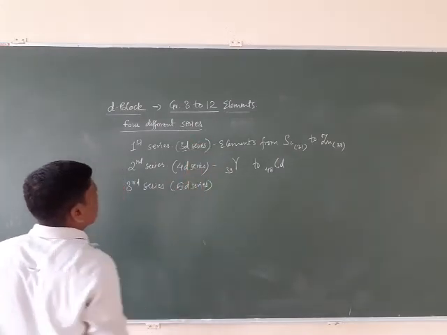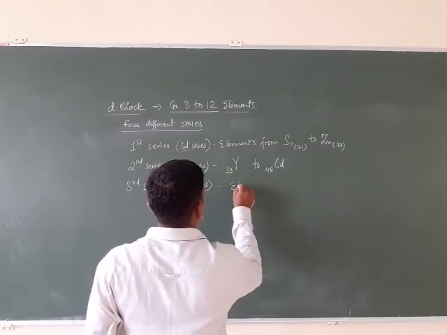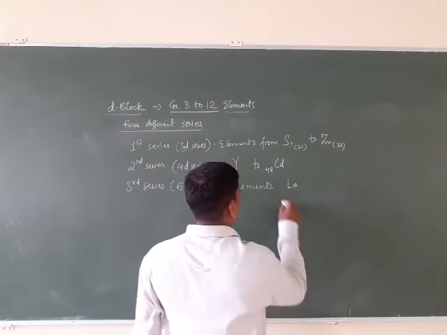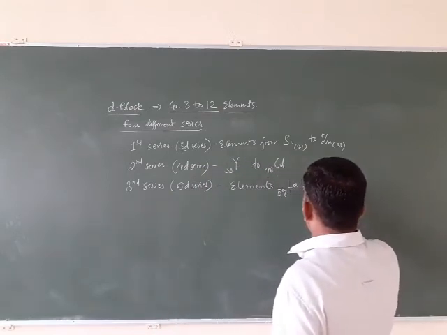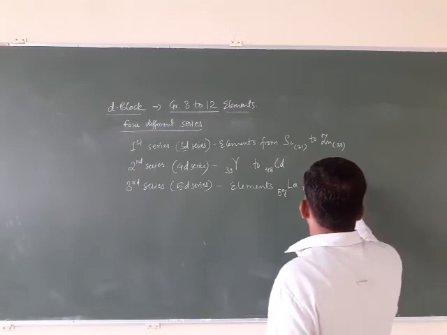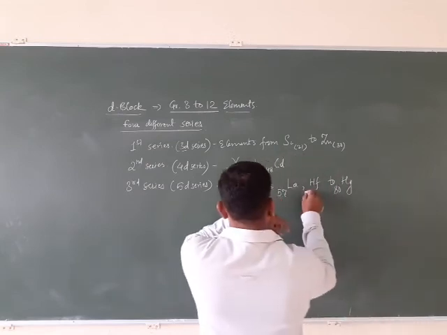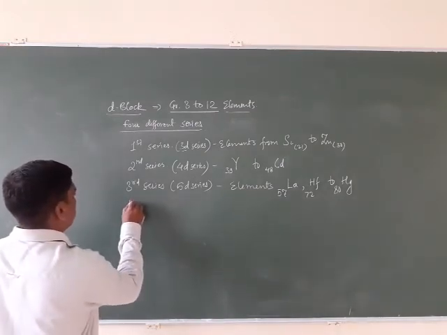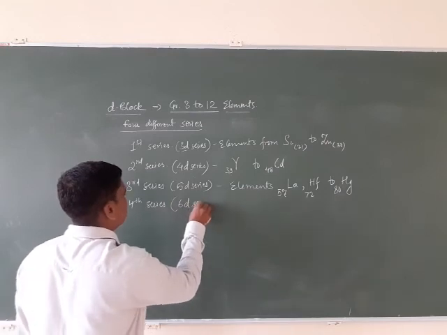The third series is also called the 5D series. The names are given as per the subshell the electron enters. It consists of lanthanum, La, having atomic number 57, and then hafnium to Hg, atomic numbers 72 to 80. The fourth series is the 6D series.